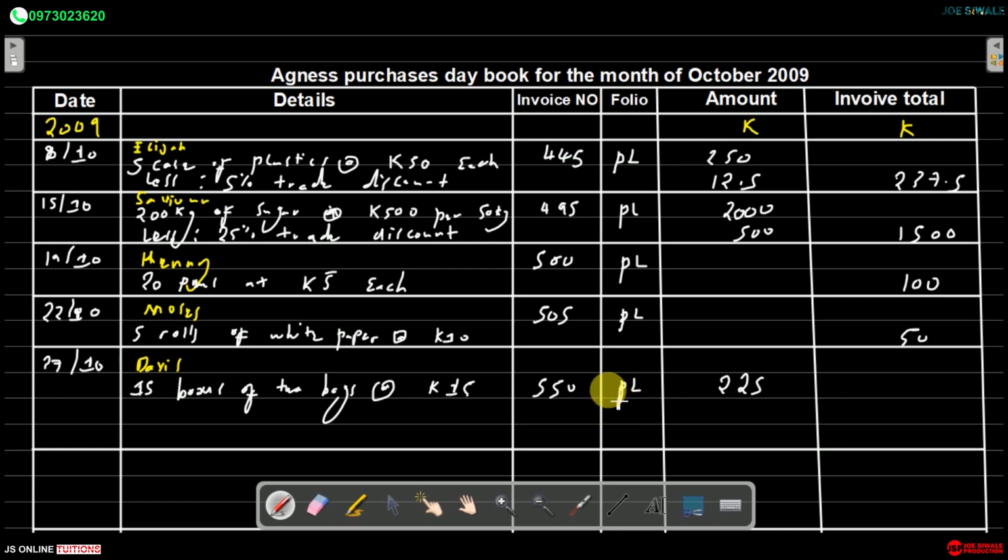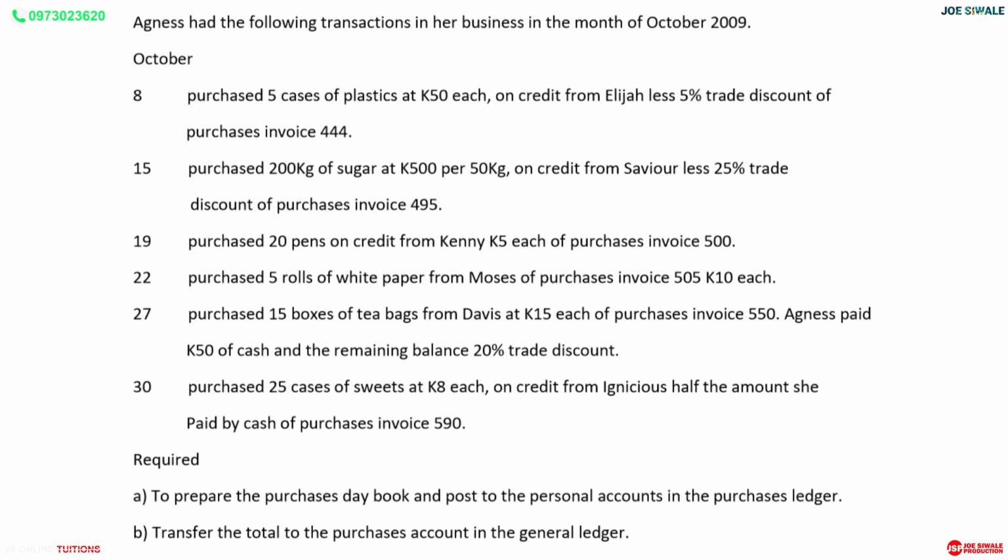You have been told that Agnes had to pay 50 kwacha as cash purchases. So we can see from the question there, purchase 15 boxes of tea bags from Davis at 15 kwacha each, of purchases invoice of 550.